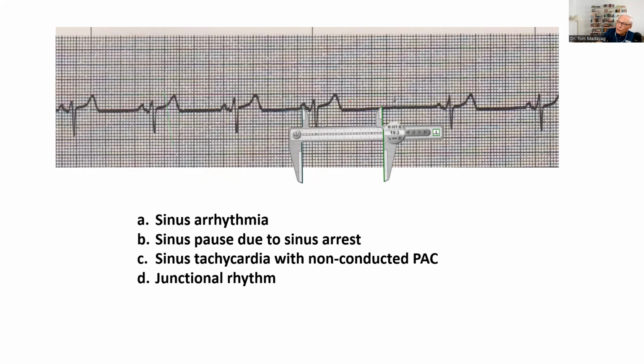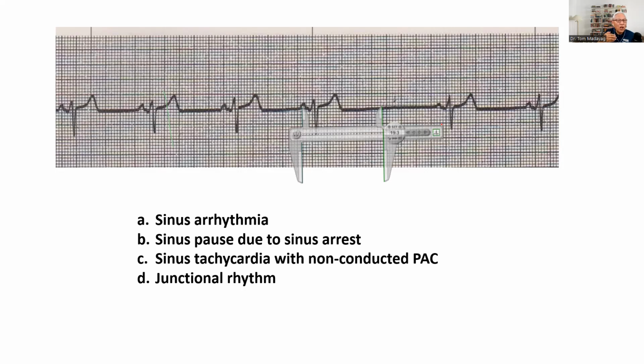So there is a lack of a P wave in this situation. And because there is a temporary cessation of an electrical impulse coming from the atria, we call this a sinus pause. But there are two causes of sinus pause.